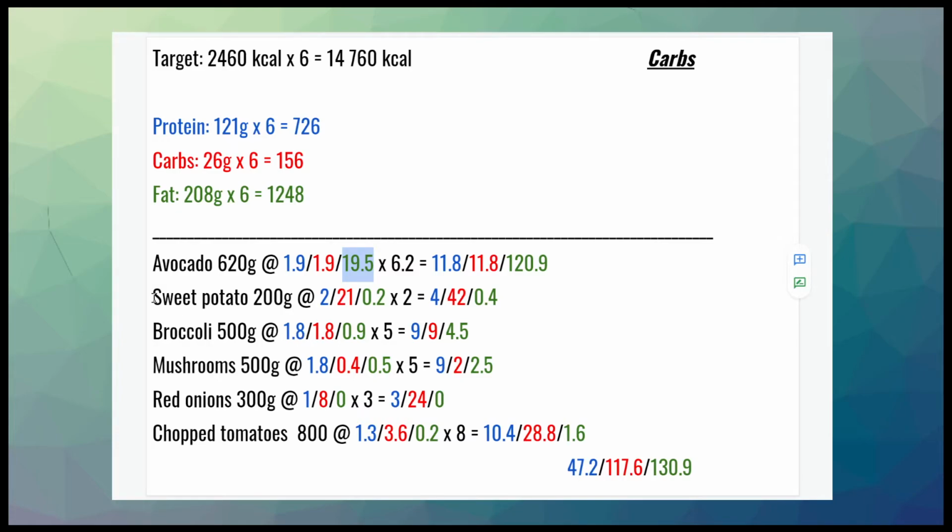The only exception is the sweet potato, but I'm only having just a little bit, 200 grams, just a few pieces here and there. That's the carbs. This is almost 120 grams I'm getting from them, and my target is 156. I'm getting a little bit more from the proteins earlier. That should be just enough.